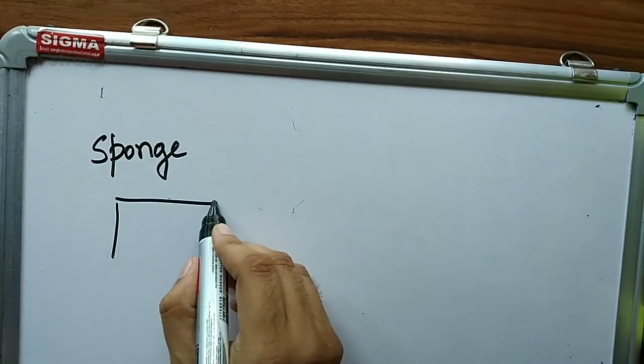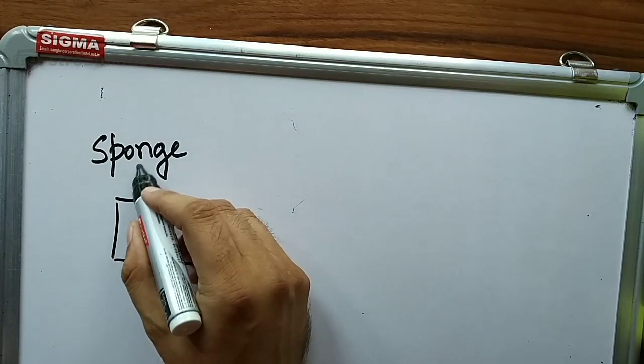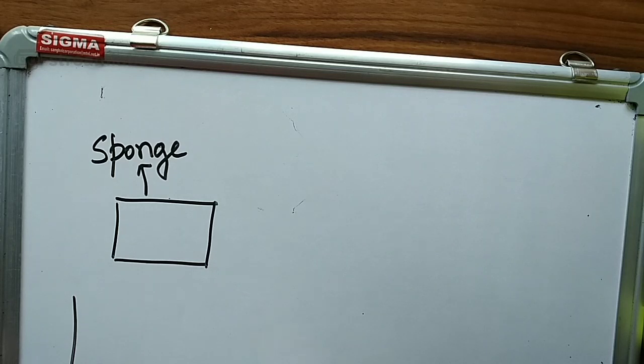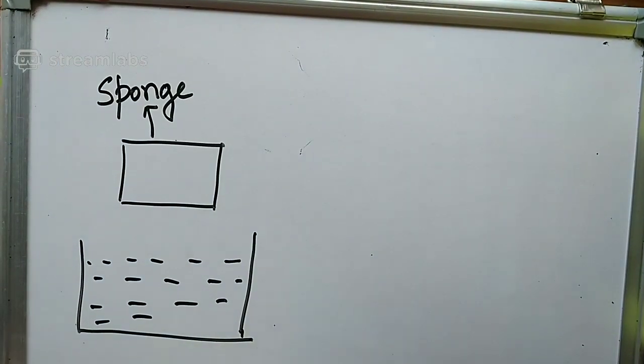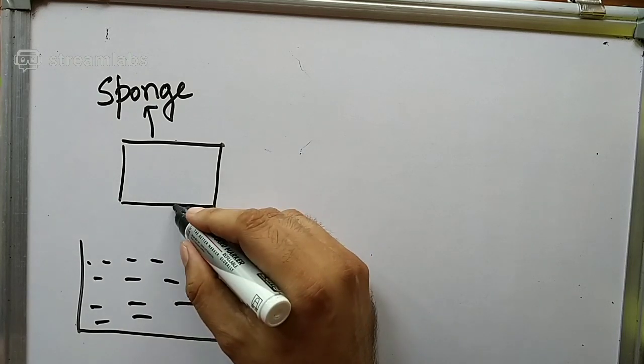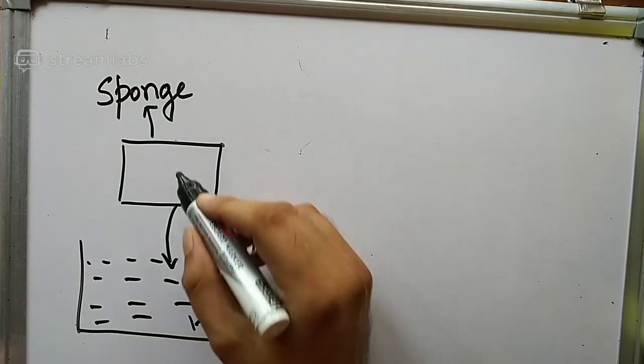Let me say that this is a small piece of sponge. We are putting this into water. Let me say this is water. Now, if I put this sponge into water, tell me students, what will happen? This is water. This is sponge.